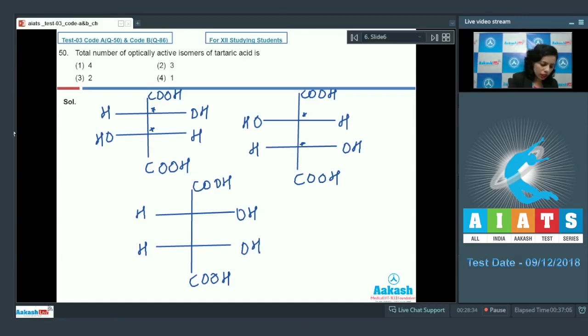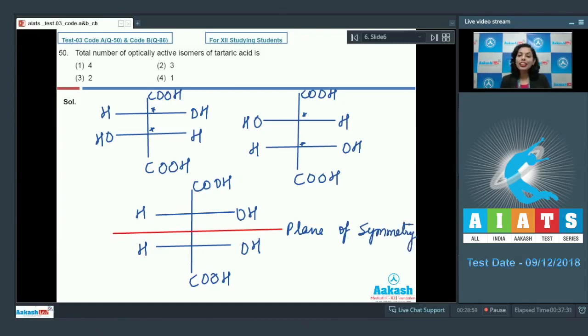If you look at this structure, you will identify that this meso form has a plane of symmetry, and if it has a plane of symmetry, then definitely it is optically inactive. So this form is optically inactive.